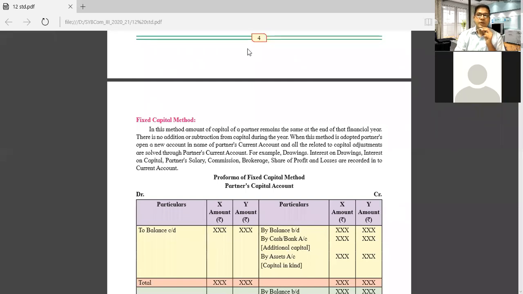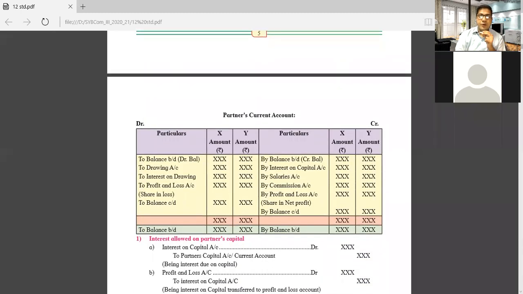You have to keep these things in mind. In the fixed capital method, we record all kinds of balances in this particular ledger, the partner's current account.